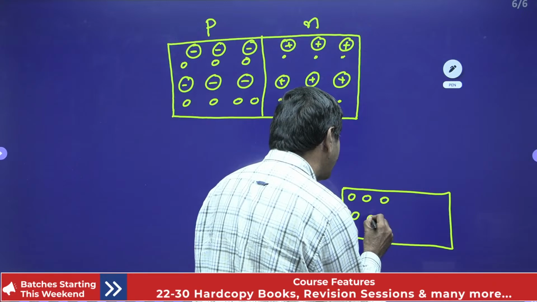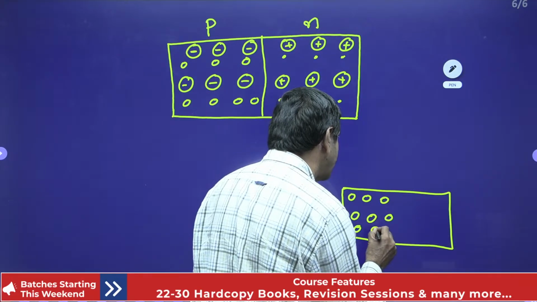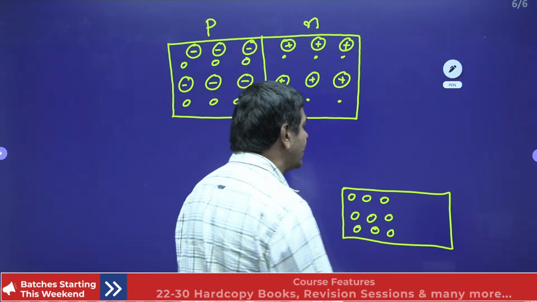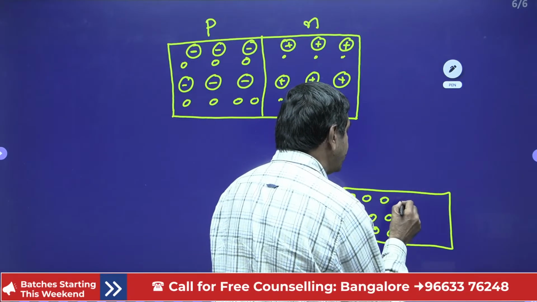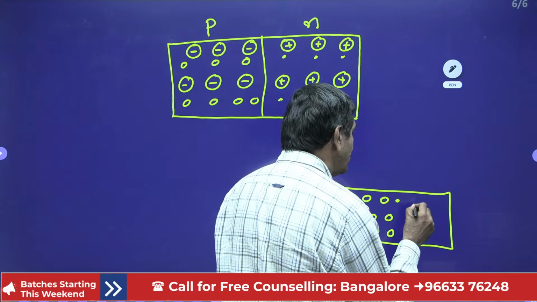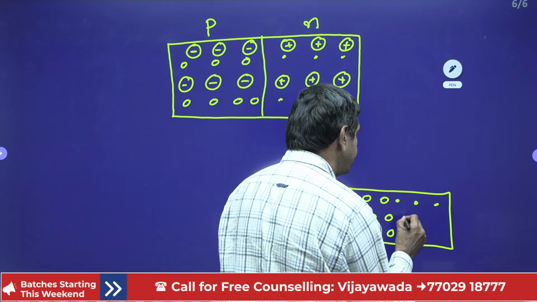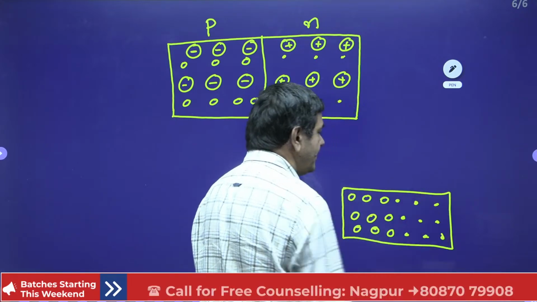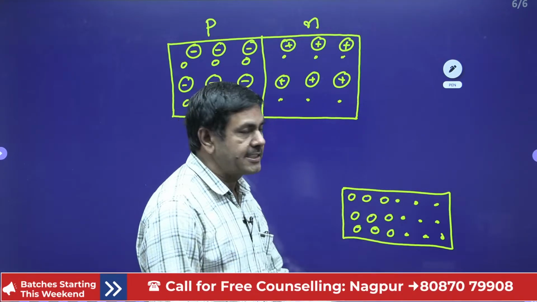By using the same diffusion mechanism, they allow the electrons also inside the same material. Then it is going to form the PN junction diode.